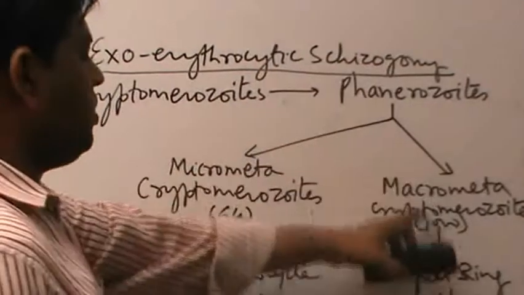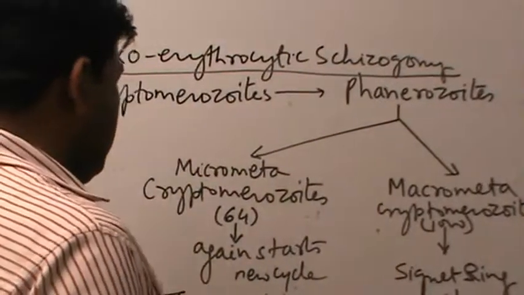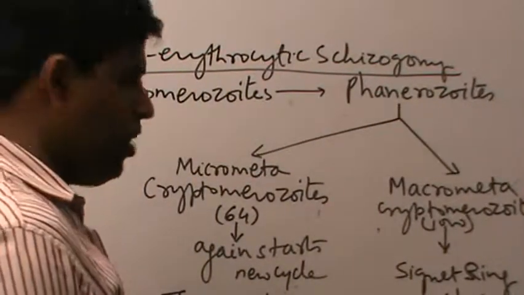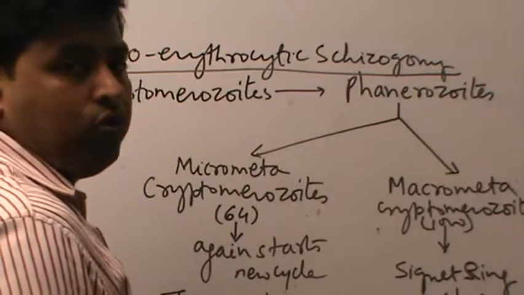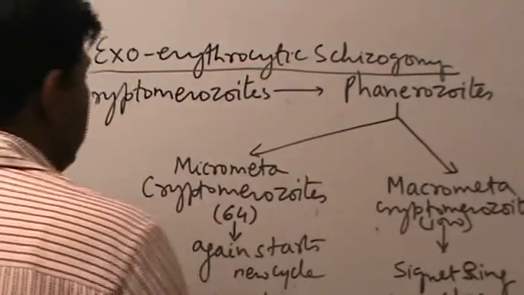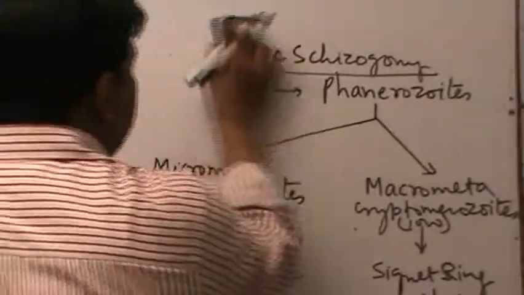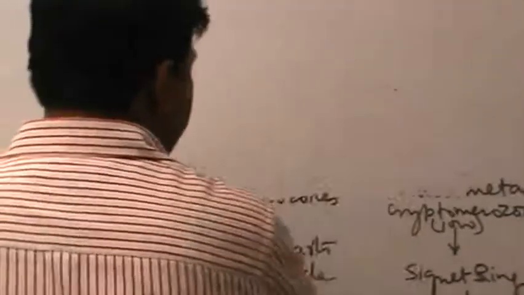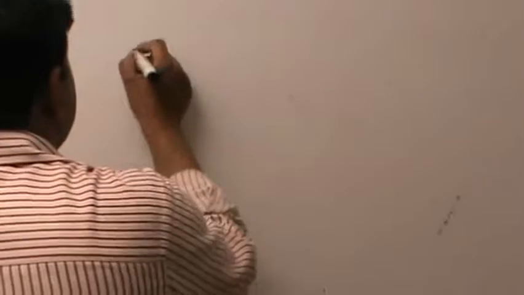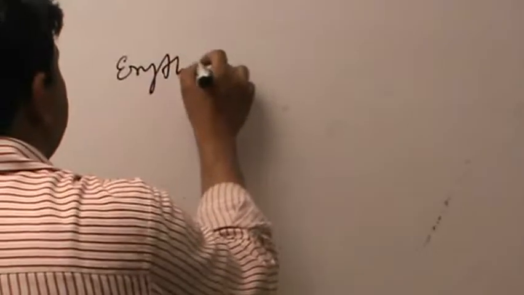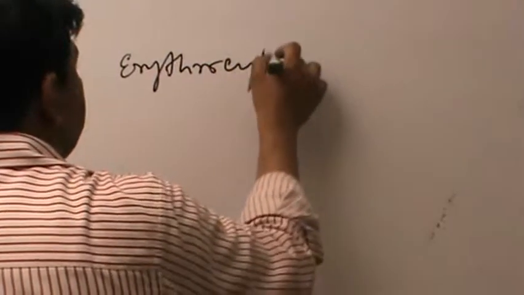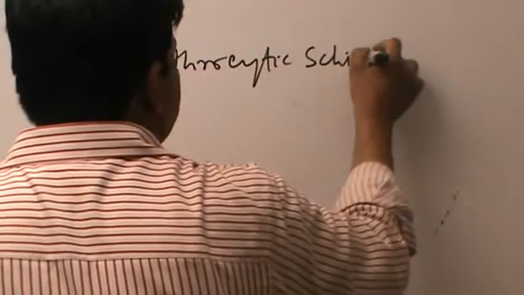So this will be converted through the stages until trophozoite, amoeboid trophozoite. Now the next stage is erythrocytic schizogony.